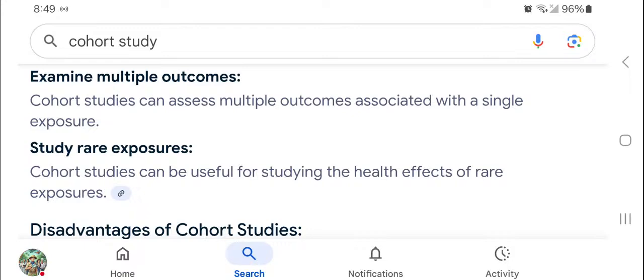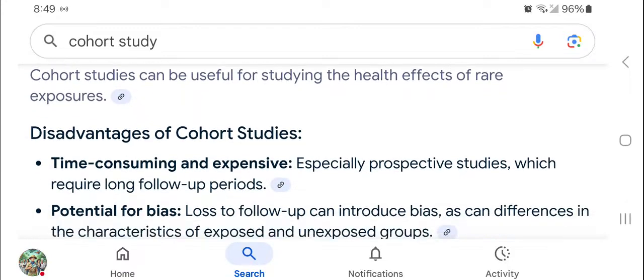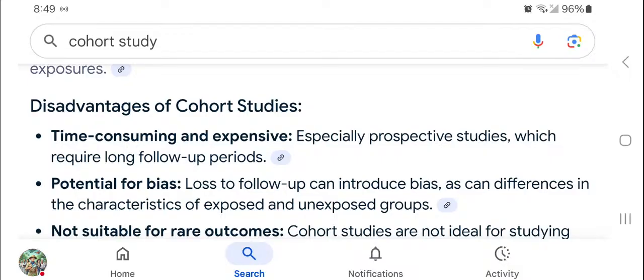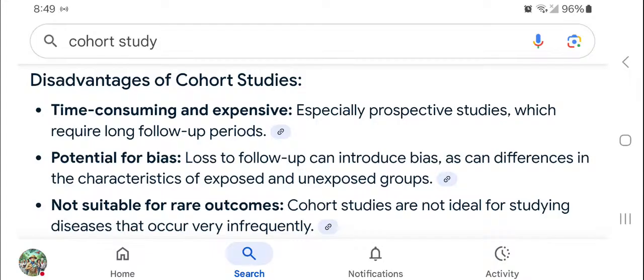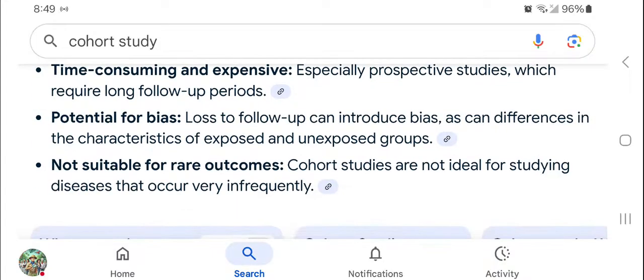Disadvantages of cohort studies: time consuming and expensive, like we just mentioned, for example monitoring for 5 or 10 years, and a lot of money is spent over those years. Potential for bias: loss to follow up can introduce bias, as can differences in characteristics of exposed and unexposed groups.